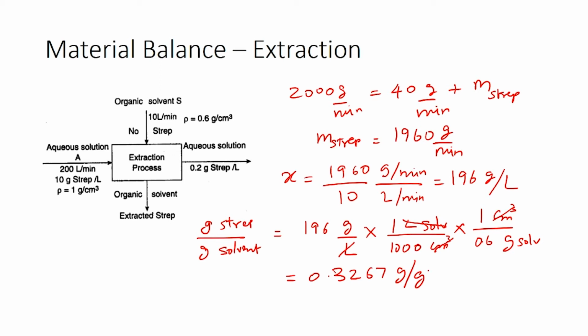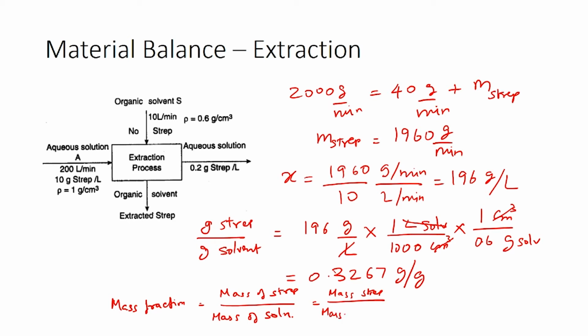Basically, the calculation goes like this: mass fraction is equal to mass of streptomycin divided by mass of solution, which is mass of streptomycin divided by mass of streptomycin plus mass of solvent.